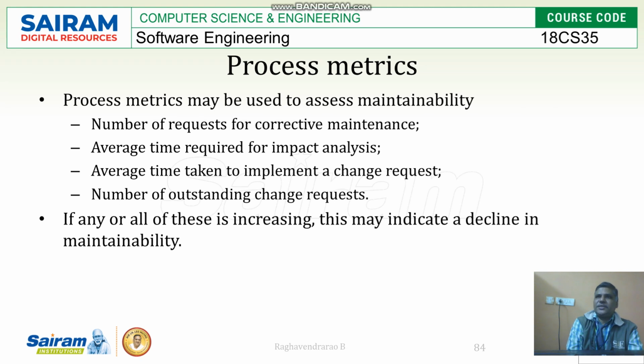Process metrics: maintainability is assessed by how many times a request has come to maintenance for corrective actions, so that should be checked. Average time required for impact analysis: if requests come, within how much time can you correct that particular problem.